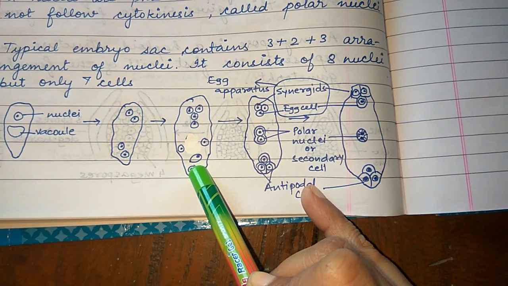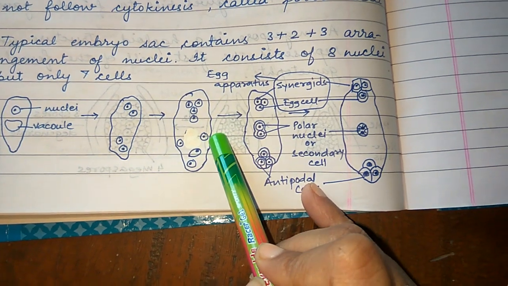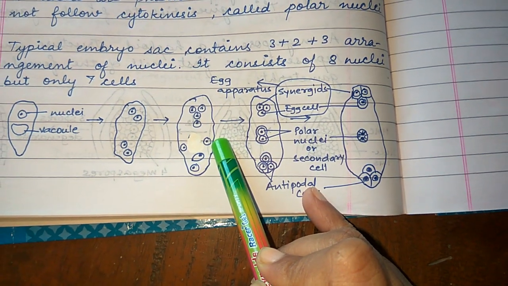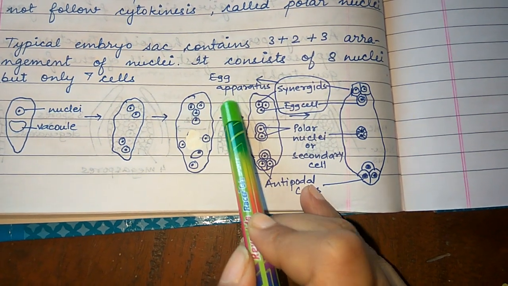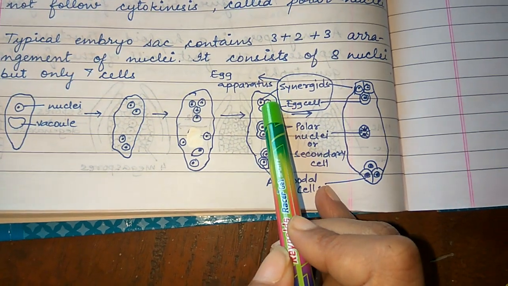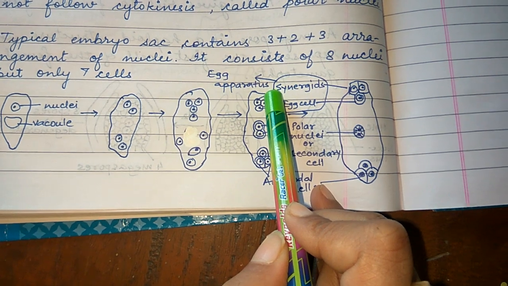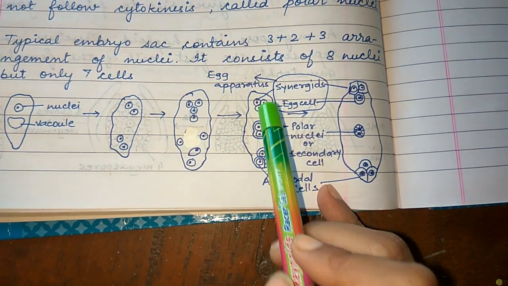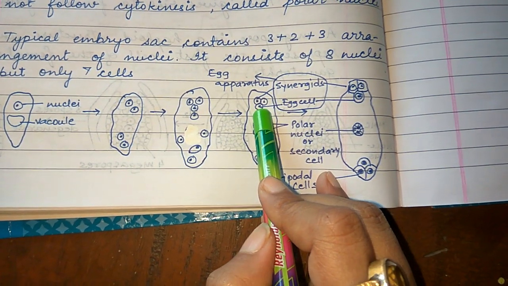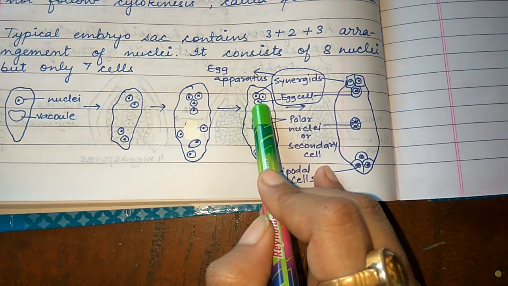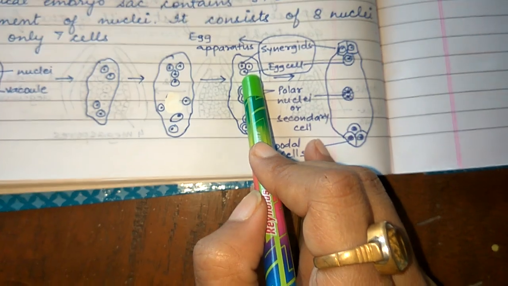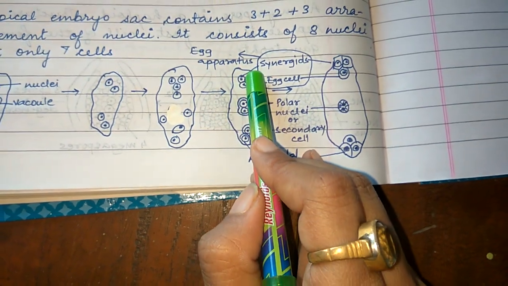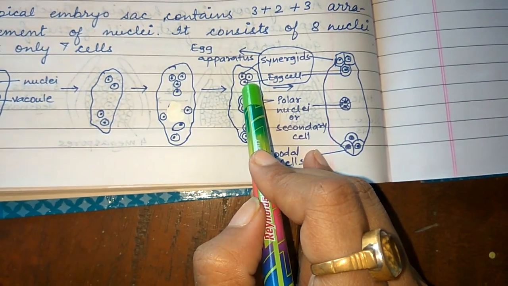Now, of these 8 nuclei, 3 nuclei at the micropylar end undergo cytokinesis to form the egg apparatus. This egg apparatus contains synergids and egg cell.